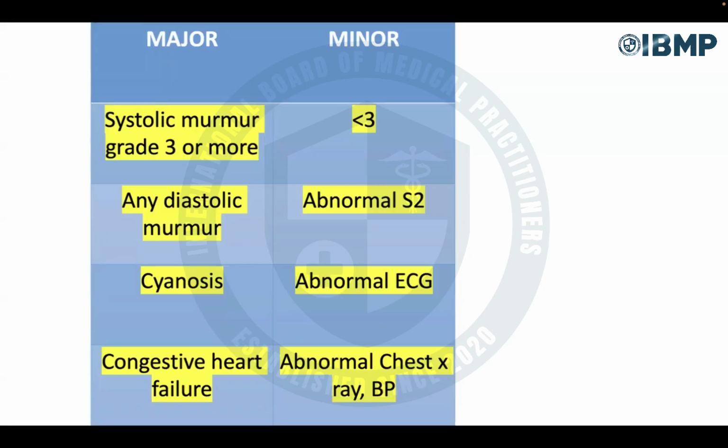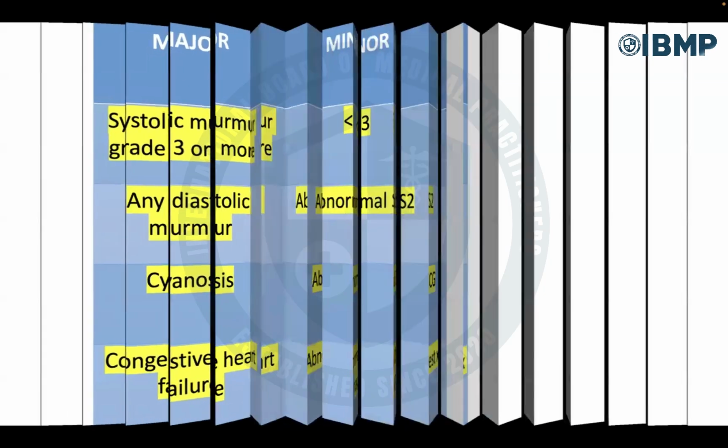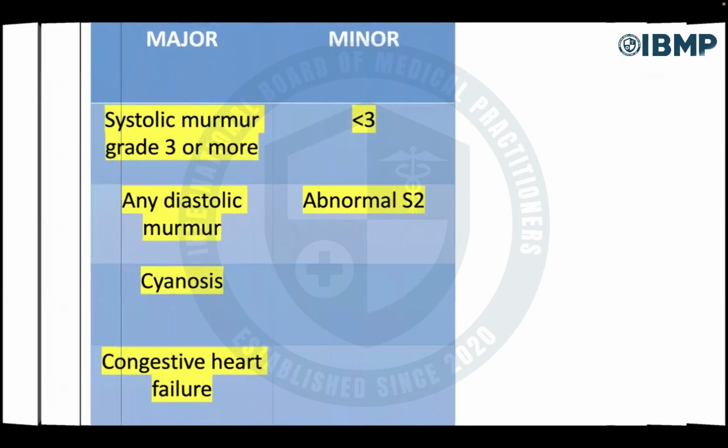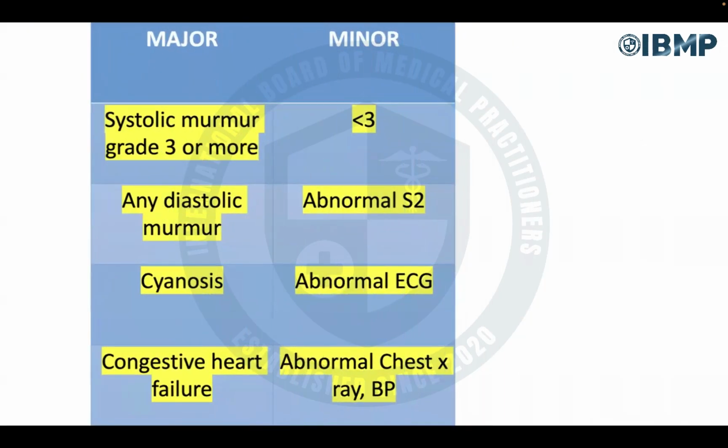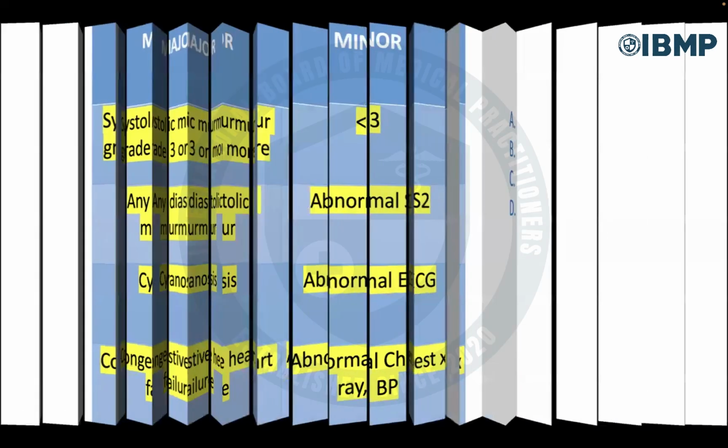So I'll repeat again: to diagnose a congenital heart disease, we have the major criteria and the minor criteria. In the major criteria, systolic murmur grade 3 or more, any diastolic murmur, any cyanosis, or any features of congestive heart failure. What is the minor criteria? Systolic murmur grade less than 3, or anything abnormal, such as abnormal second heart sound, abnormal ECG, abnormal chest X-ray, or abnormal blood pressure.